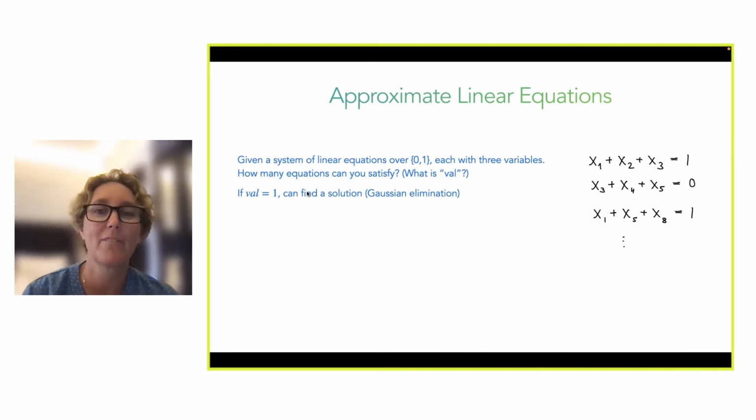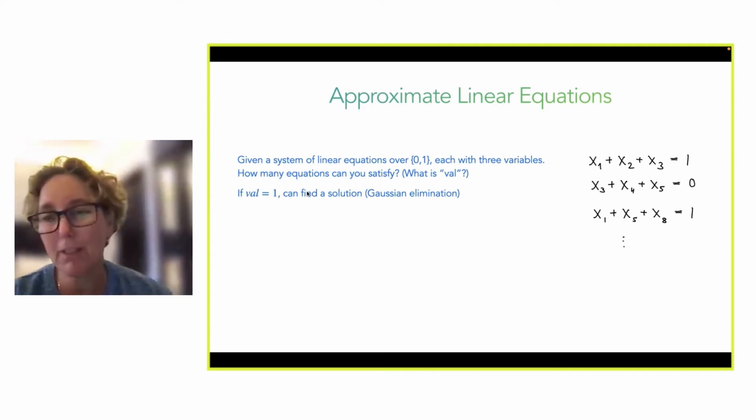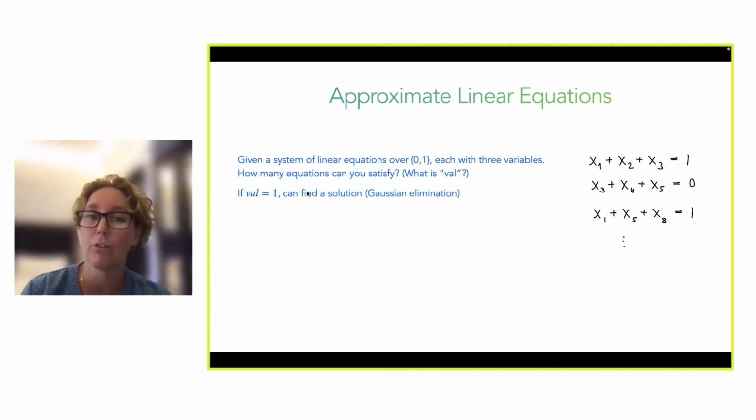So really, we define the value of the system to be the maximum over all possible assignments to the variables of the fraction of equations that are satisfied. Okay? If this value is 1, if there is a way to solve all the equations, then it's in polynomial time to find such a solution, right? Because you just do Gaussian elimination, you invert the matrix, and you find a solution. So that's very easy.